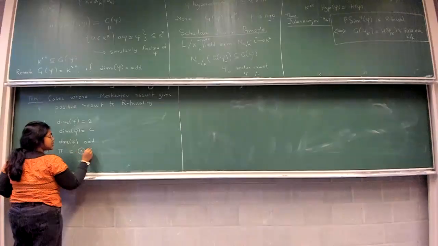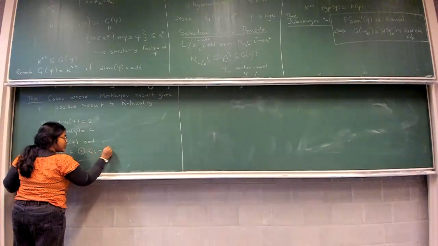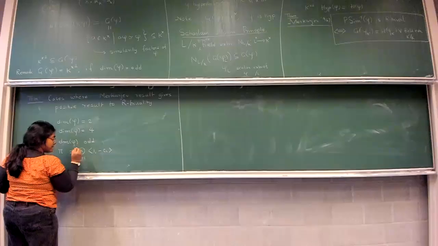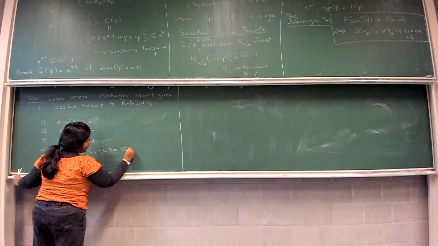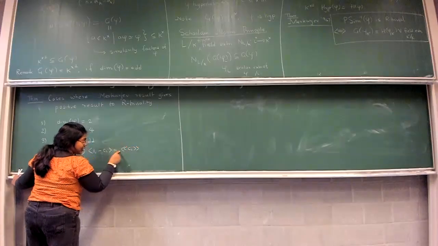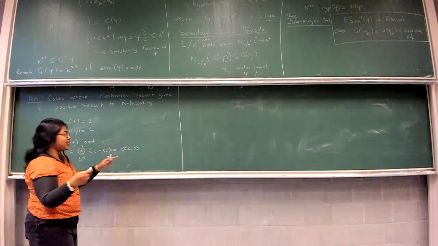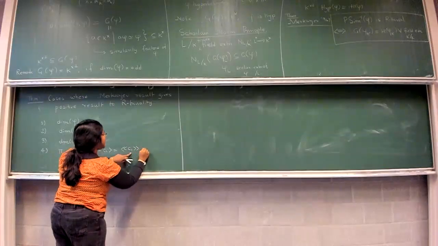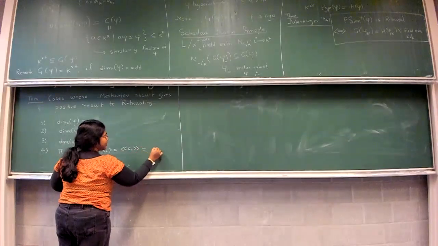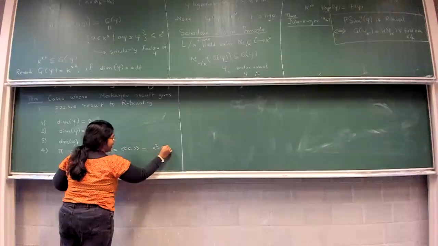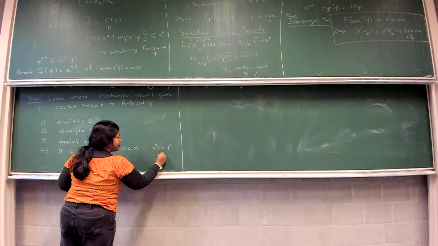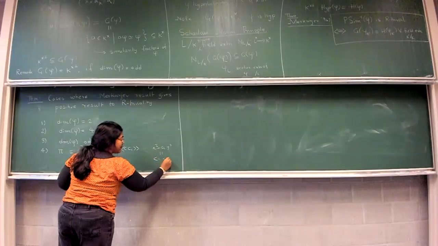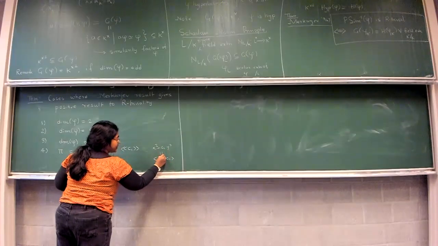How this form looks is like a tensor product of this type of binary forms, which I give this notation because later I will use this, and these are basically like x square minus c_i y square.